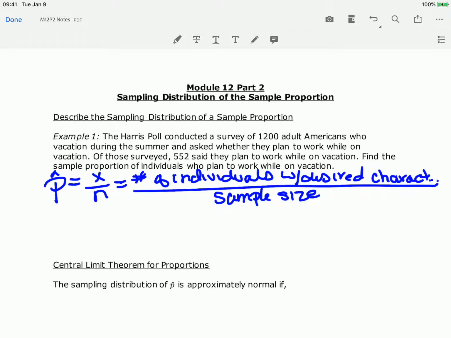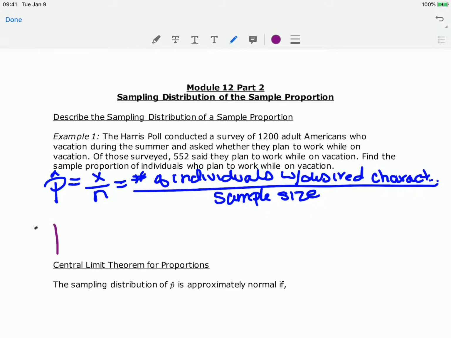Okay, so first example, we're going to calculate just the p hat value. The Harris Poll conducted a survey of 1,200 adult Americans who vacationed during the summer and asked whether they plan to work while on vacation. Of those surveyed, 552 said they plan to work while on vacation. Find the sample proportion of individuals who plan to work while on vacation.